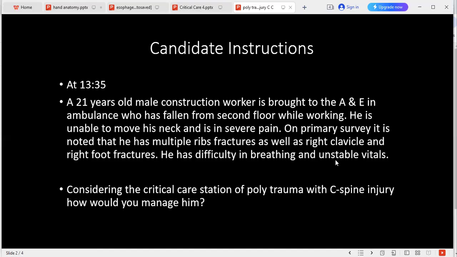Moving on to the treatment, how much resuscitation fluid would you give to the patient initially?